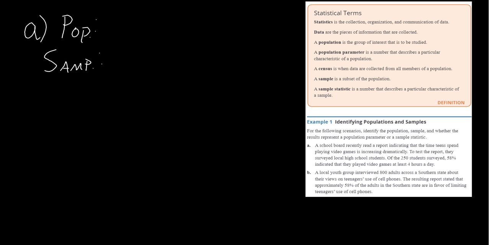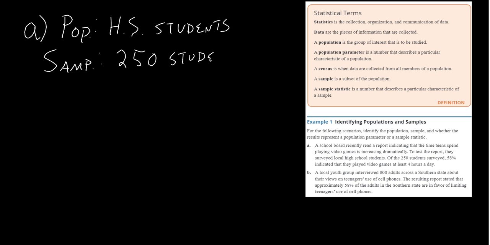So the population is obviously going to be high school students, so that's pretty easy. And the sample is 250 students surveyed, so 250 students. So we have the population of high school students. The sample is 250 students.